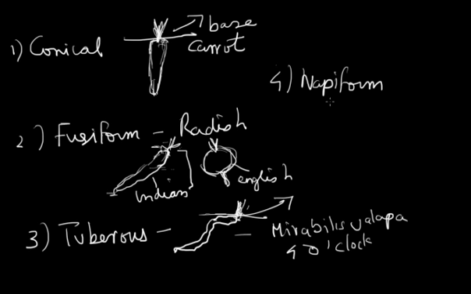The key feature about the napiform modification is that it looks like a top. One example is the turnip. And in the case of turnip, you have to note that the swollen part is the hypocotyl.